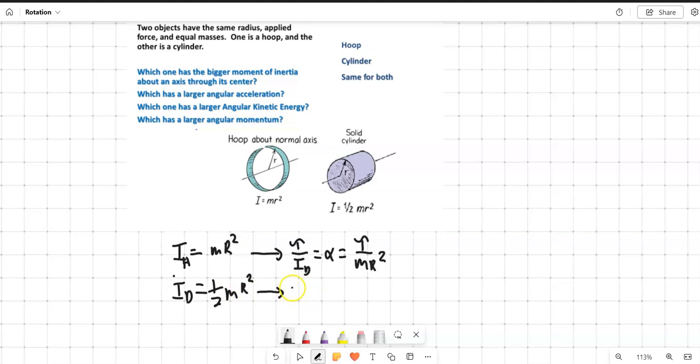Anyways, for the disc, its torque divided by its moment of inertia is equal to its alpha as well. So this is the hoop and this is the disc.